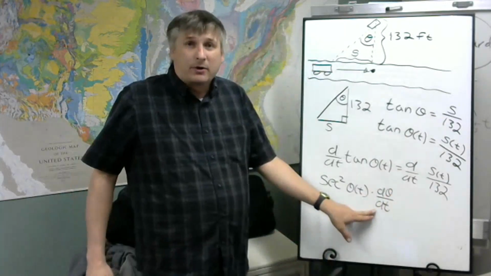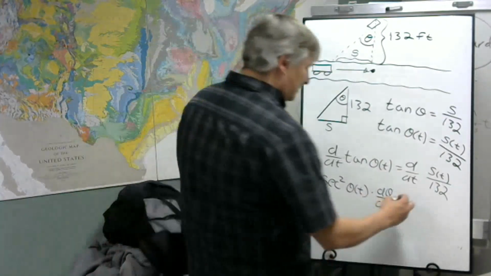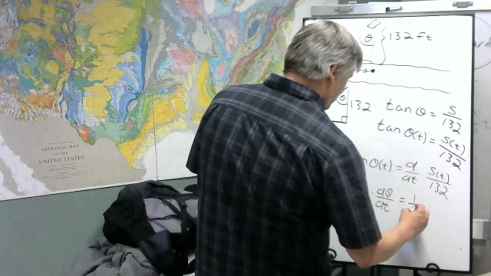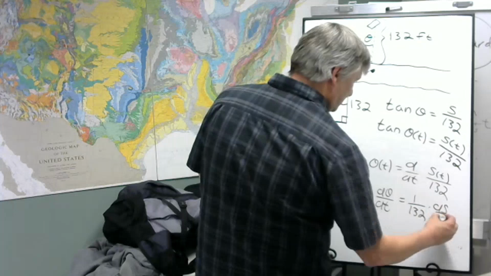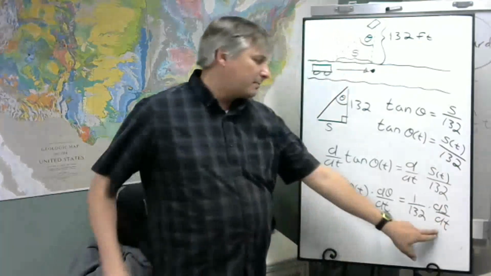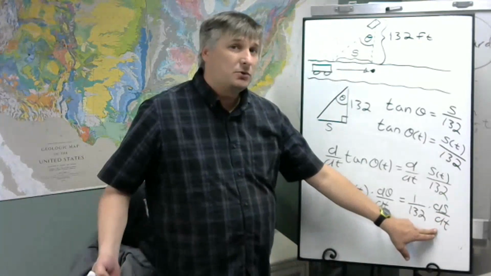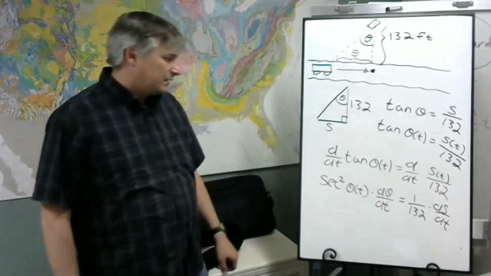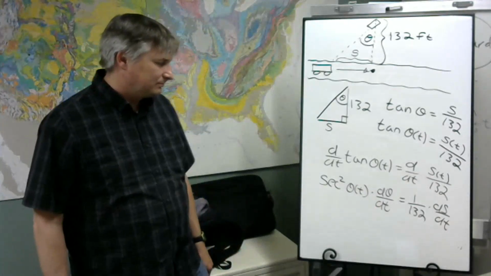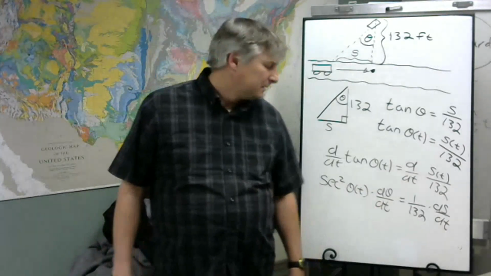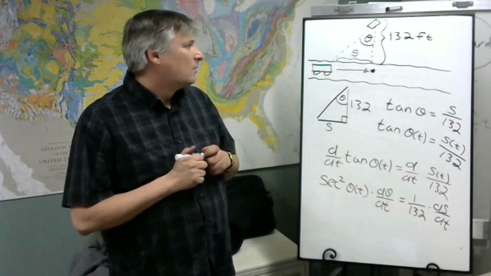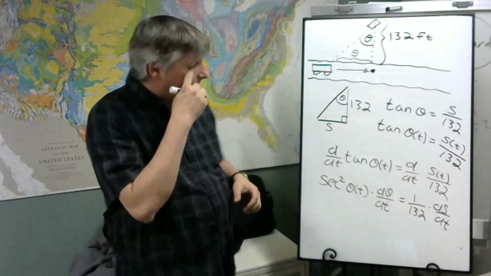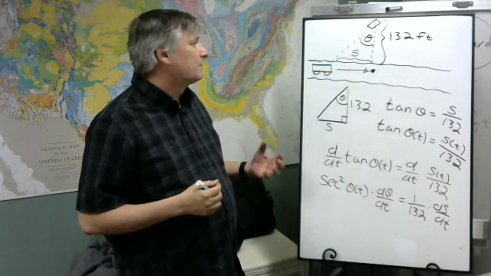That's the change in the camera angle we're looking for. And this will be 1 over 132 times ds dt. And we've got a number for ds dt, negative 264. There is kind of an issue. What's theta of t? Well, there's a clue in this.